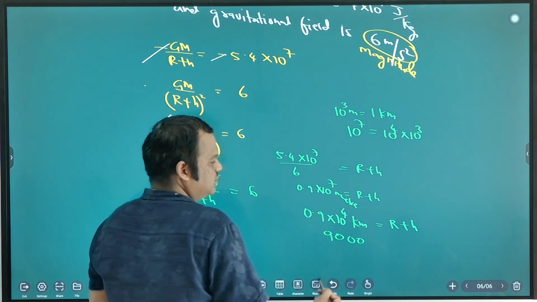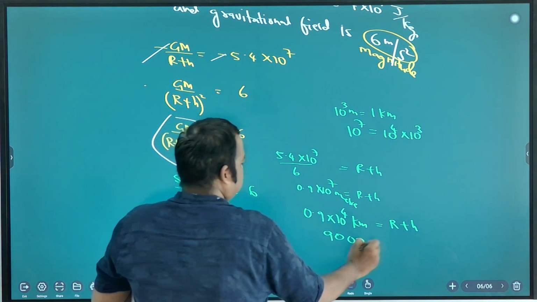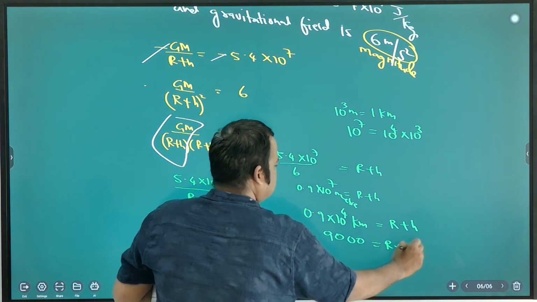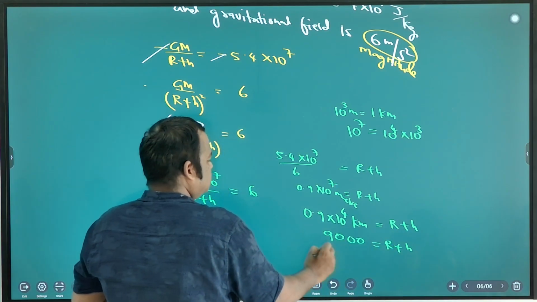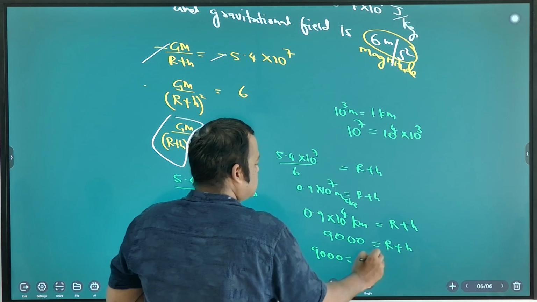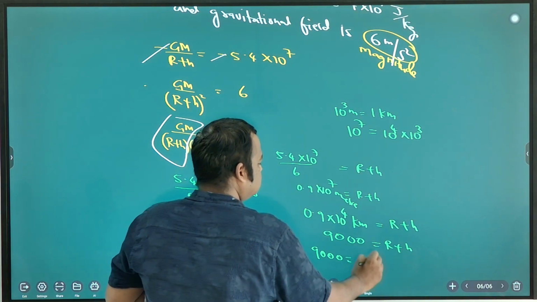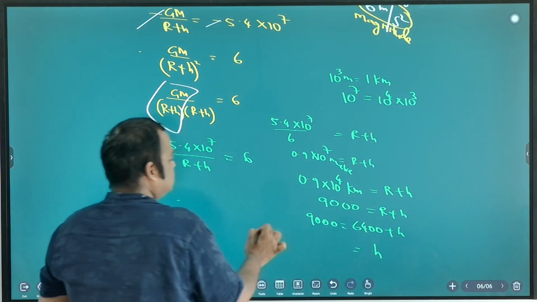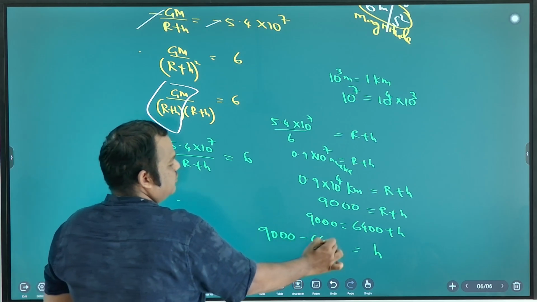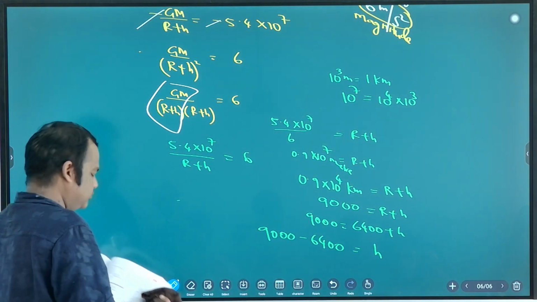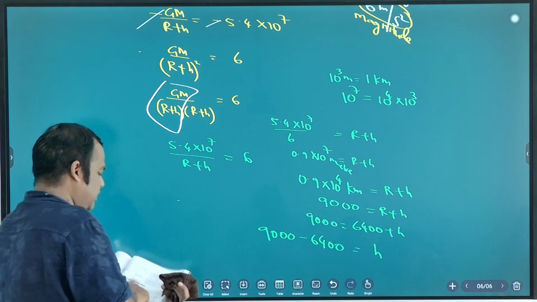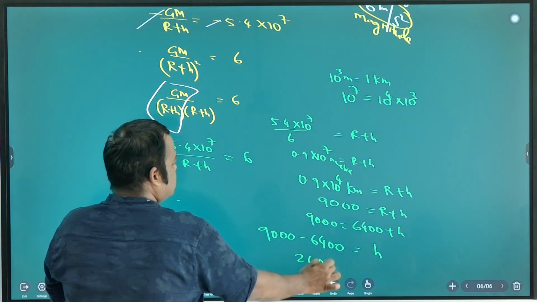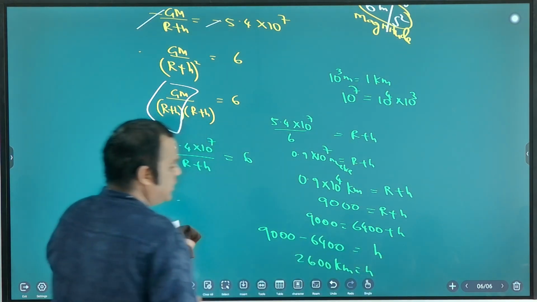Correct? So R value you put. So 9000 is equal to 6400 plus H. So H will be 9000 minus 6400. Okay, like this you have to solve. Radius of Earth is given. 2600 kilometer, this is the height.